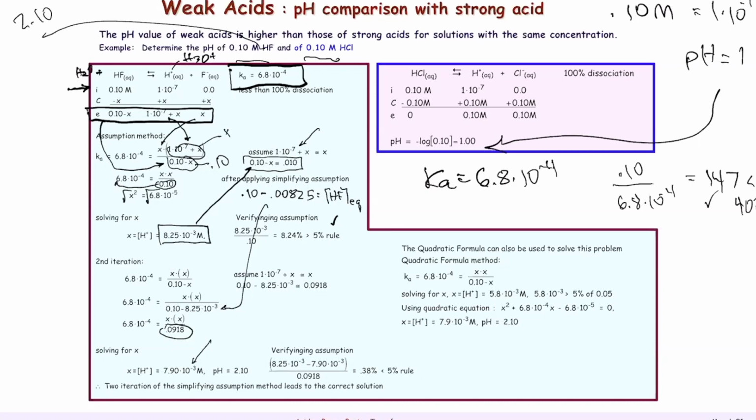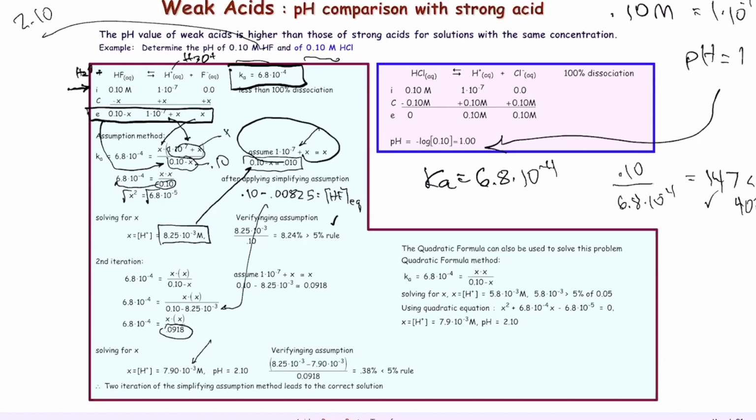Okay. Now, I want to share with you a little shortcut that you can use based on the two assumptions that we did here. What were the two assumptions? The first assumption is that the change, that is the amount of hydrogen ions that the weak acid releases, is much bigger than 1 times 10 to the minus 7.